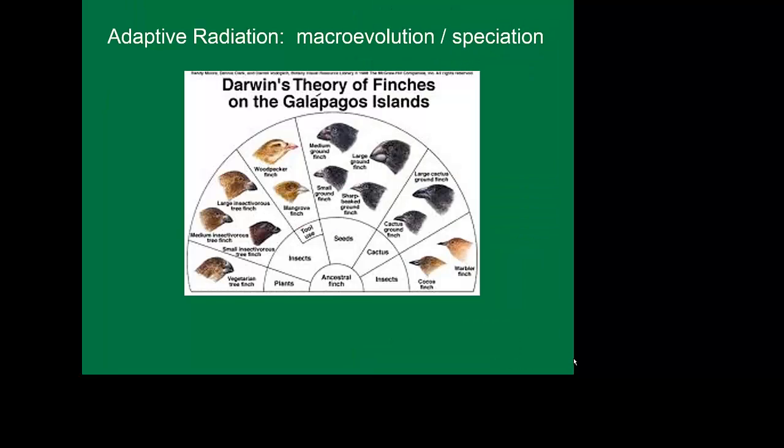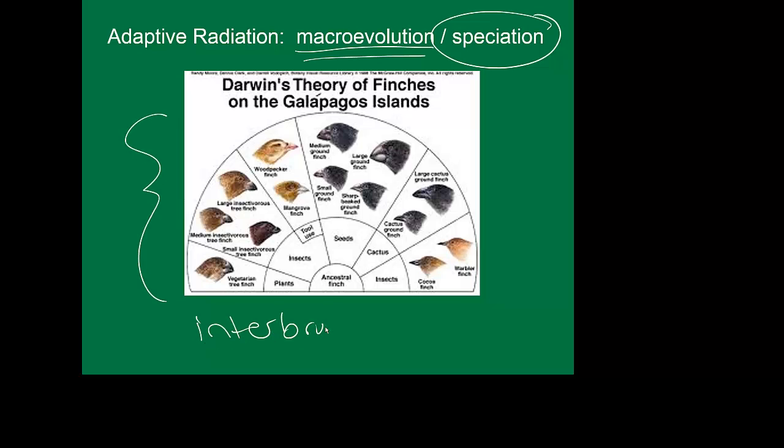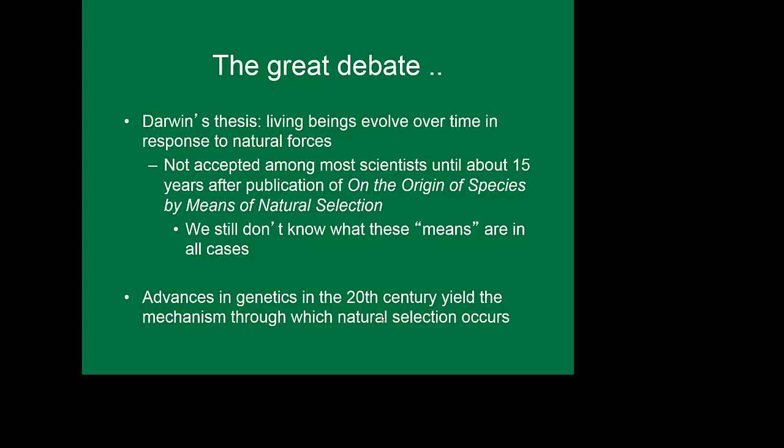And there are lots of folks that have spent a lot of time looking at these finches and this idea of adaptive radiation. We'll talk about it with macroevolution. Macroevolution refers to speciation events. Now you could not get these different types of finches to interbreed. They would not. Because at this point they are so different, they don't recognize each other as being finches, basically.